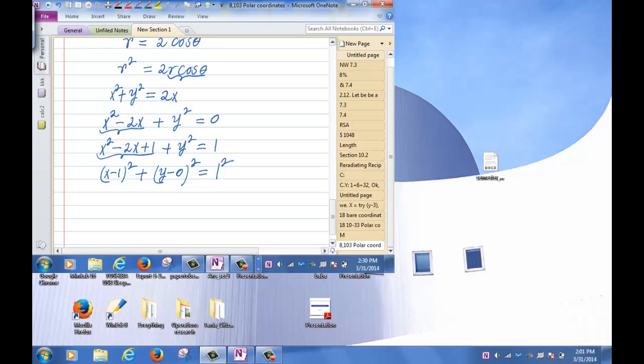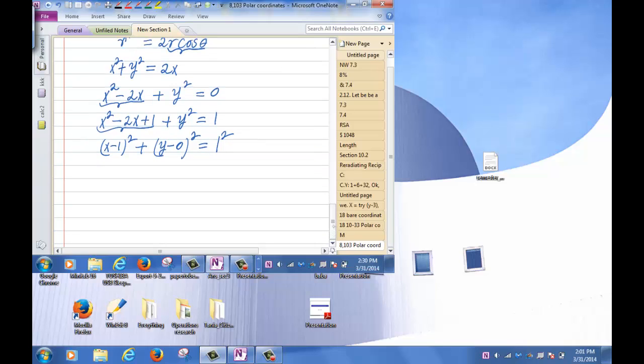The general equation of a circle is x minus h squared plus y minus k squared equals r squared. So what is the radius in our case? This is a circle where the radius would be 1. And what's the center? The center is 1, 0. Everybody's okay with that.